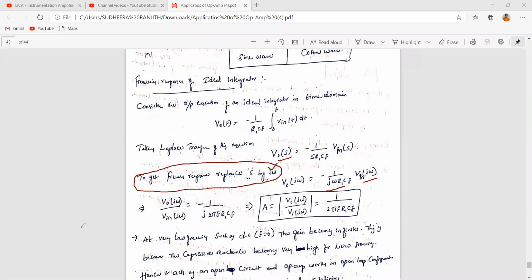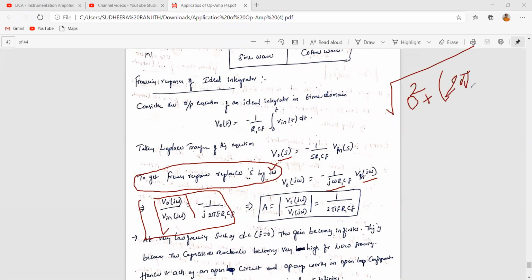Taking Vin to the left hand side, we get it like this. Minus j omega means 2 pi f, right? To calculate the magnitude, it is the square root of 0 square plus (2 pi f R1 CF) whole square.